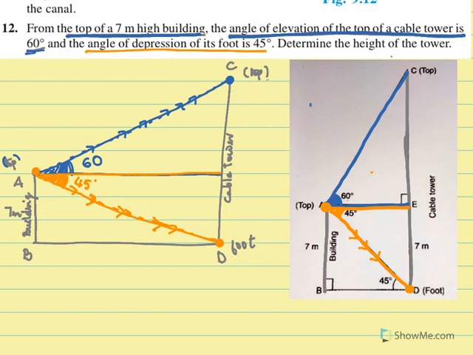Before that, we need to write that AB represents building, which is 7 meters high. CD represents the tower.